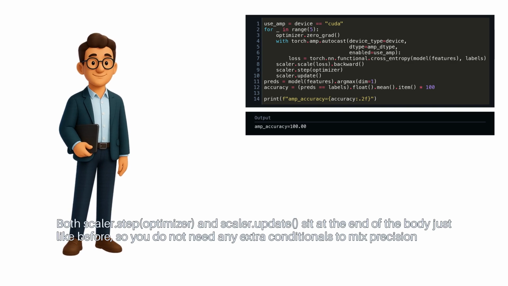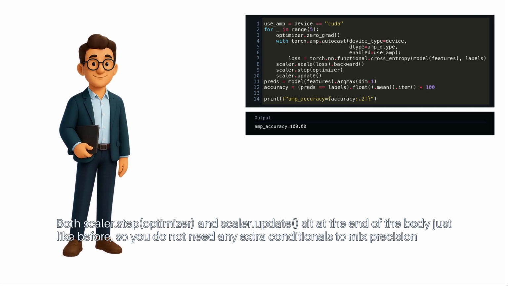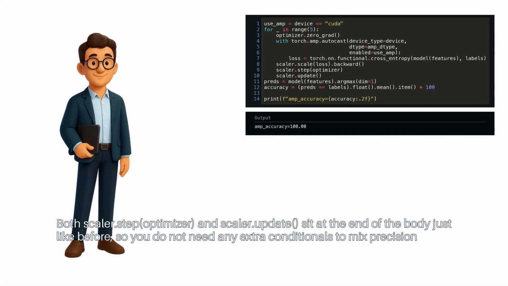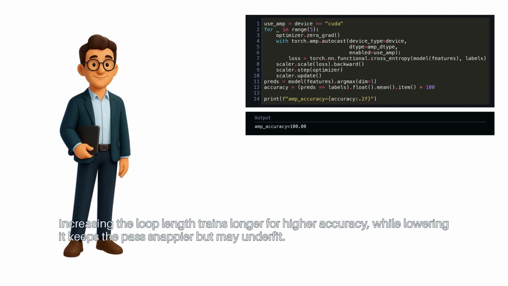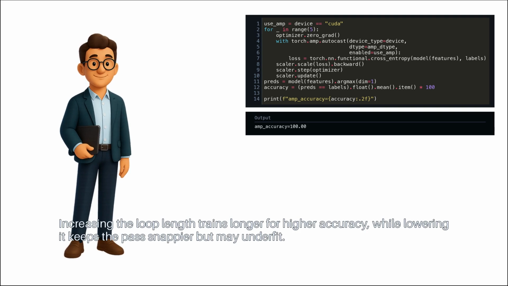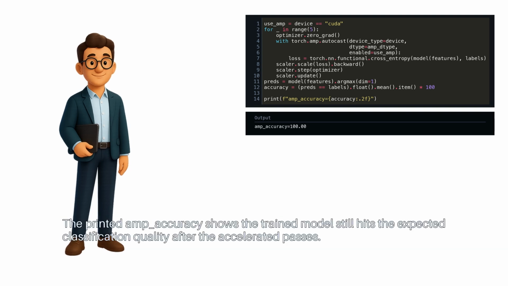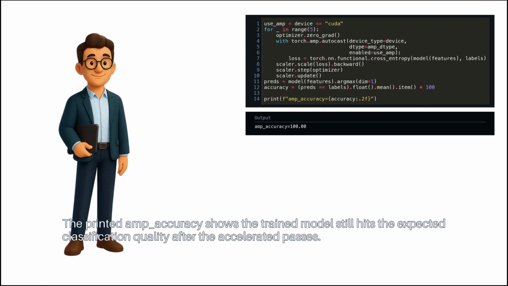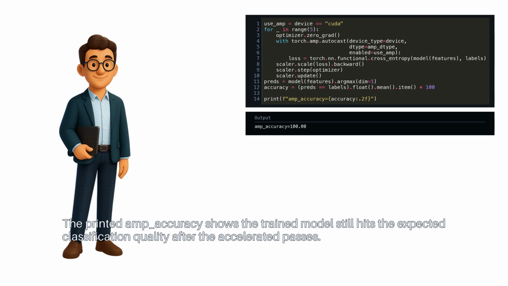Both scaler.step(optimizer) and scaler.update sit at the end of the body just like before, so you do not need any extra conditionals to mix precision safely. Increasing the loop length trains longer for higher accuracy, while lowering it keeps the pass snappier but may underfit. The printed amp accuracy shows the trained model still hits the expected classification quality after the accelerated passes.